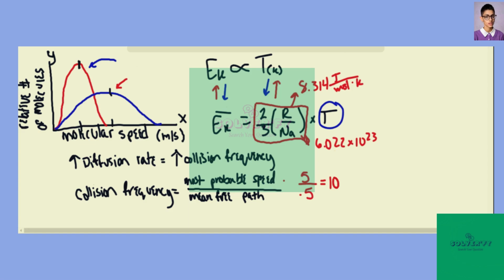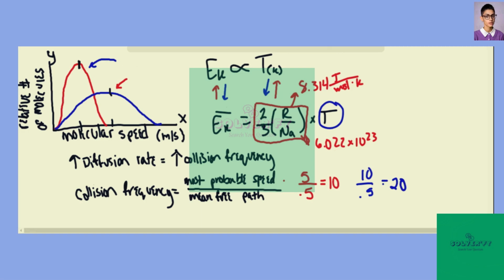Now for our blue curve, we see that the relative number of molecules is a little bit lower, but the peak of our graph lies at a higher speed. So for our higher most probable speed, we'll use, say, 10 meters per second, and we'll divide that by the same number because remember, mean free path won't change. So 10 divided by 0.5 equals 20.